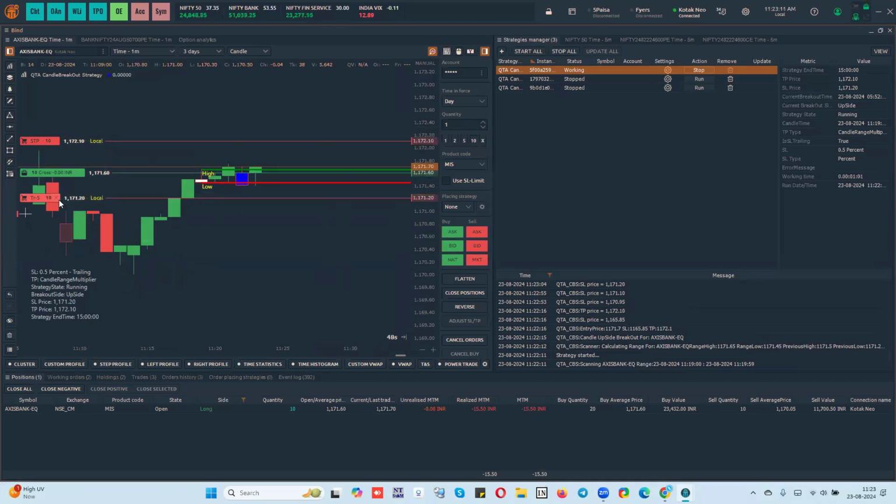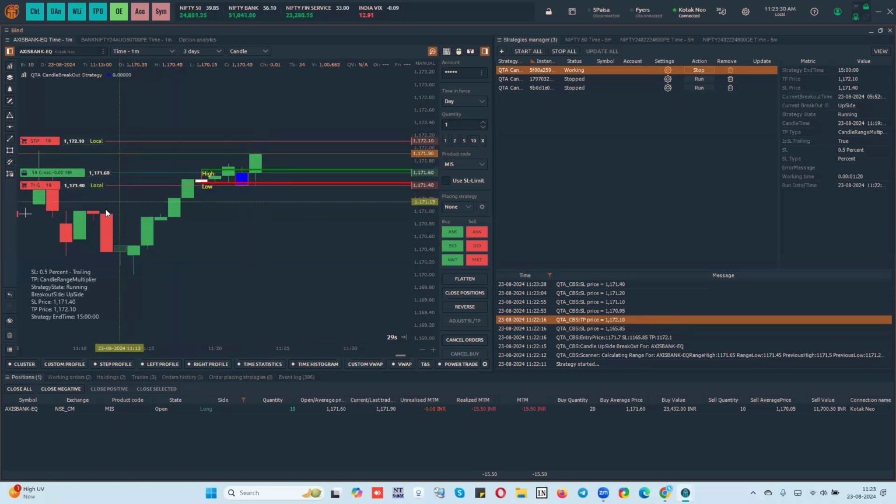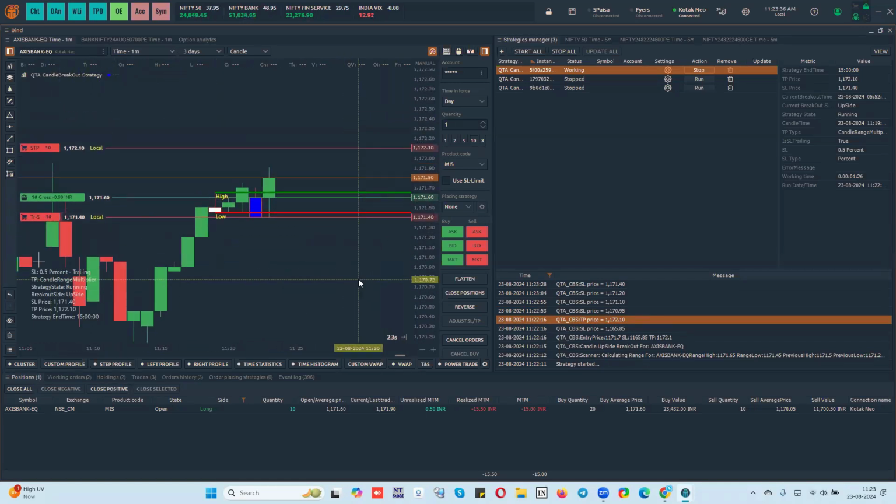You can see I moved the stop loss to a higher level, from 1165.85 to 1170.95, and from that level onwards, whenever the price favored me, the stop loss started moving higher because I've selected the trailing option.